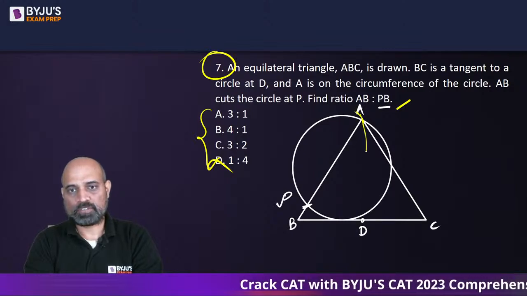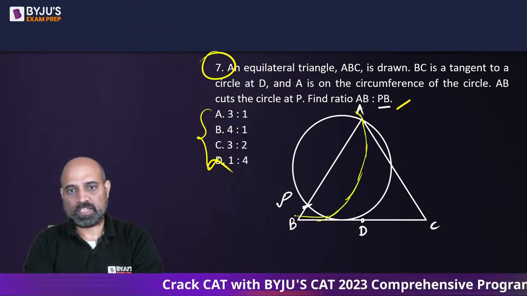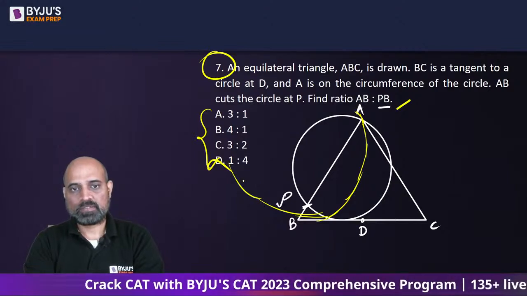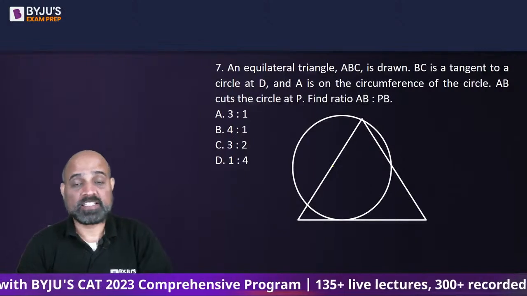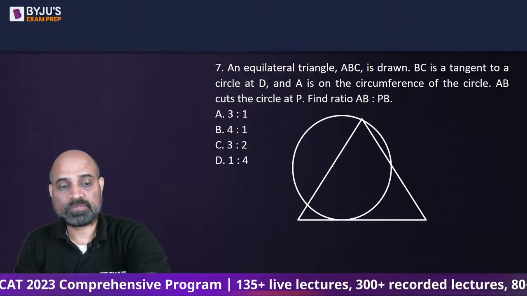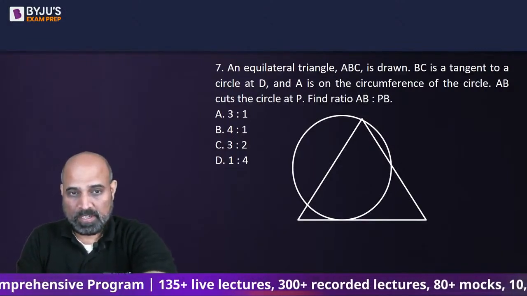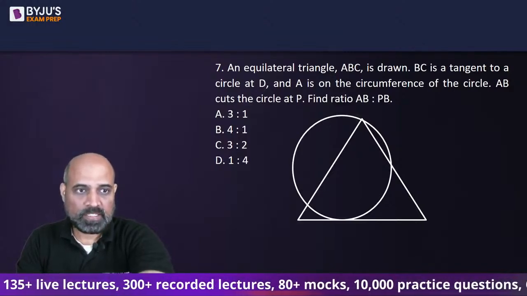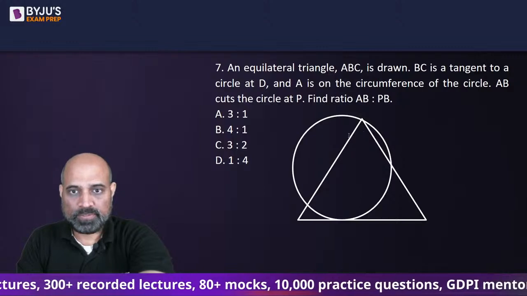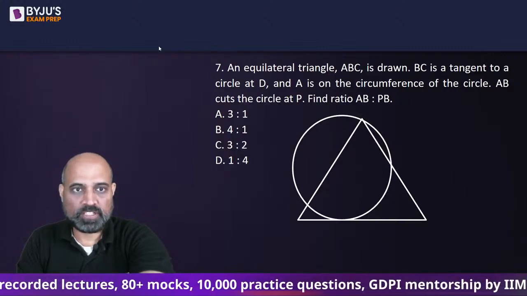What if I draw a circle which is big enough like this, so that it doesn't touch C at all? It is possible, right? Make the circle so big that it doesn't touch C at all.